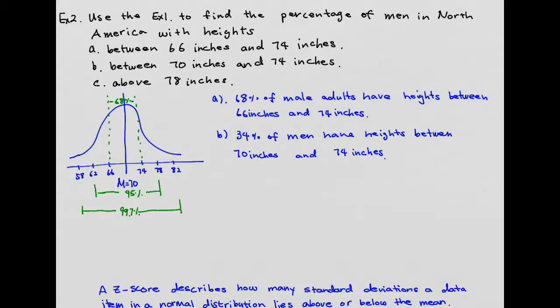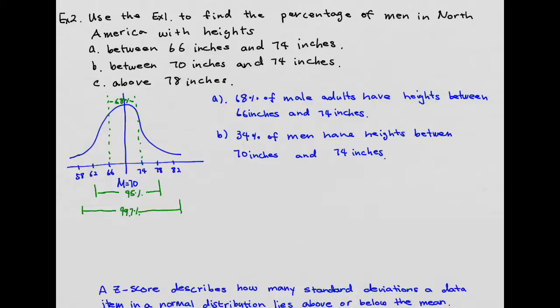Then what about C, above 78? This is 78, and above is this direction, right? So we wanted to know what we have, and 95% is from 78 to 62.